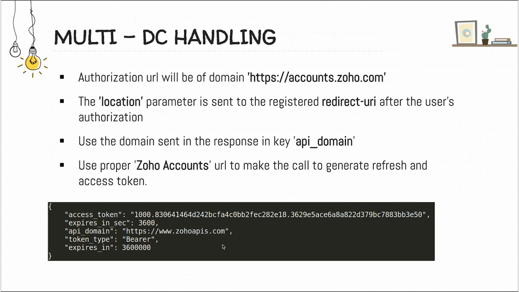In that case, whenever you want to make an API call, you would have to type in zohoapis.eu for the URL instead of zohoapis.com. Please keep in mind that your code will only work if the domain is right, and if the domain is not right, you will get an error.